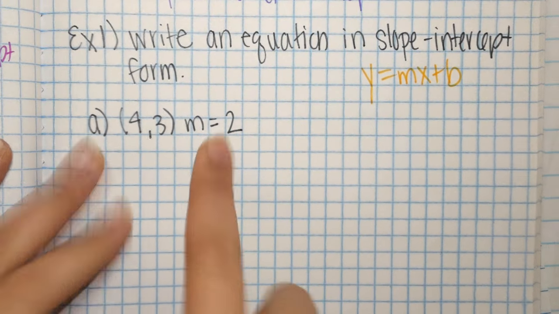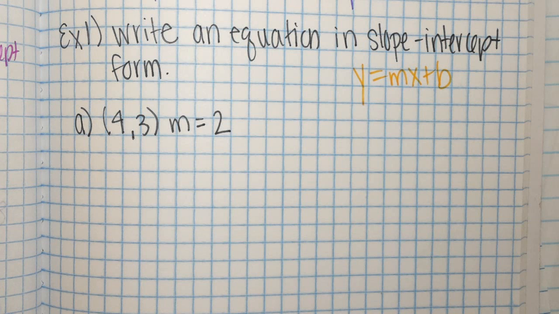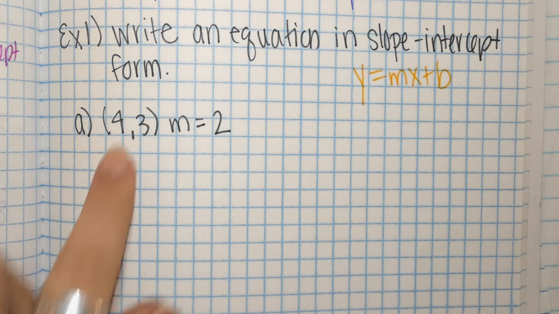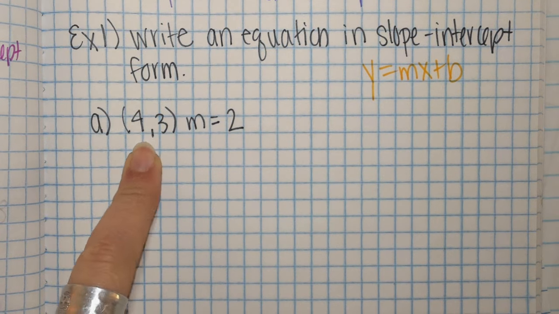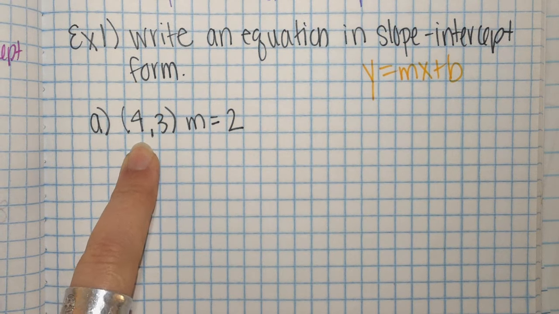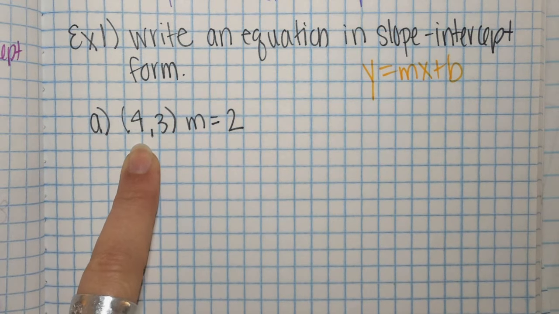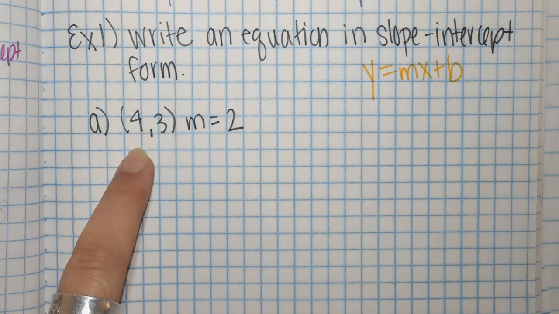Now, what are we given here? We're given the slope and what else? A point. What is a point? A point on a graph, a coordinate.